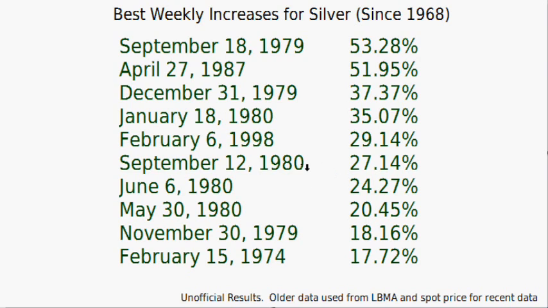Therefore, within the top 10, the ones that would be reflected to the 1970s would be this, this, and this. All but 2 of them. They were the 1987 and 1998 that were not.